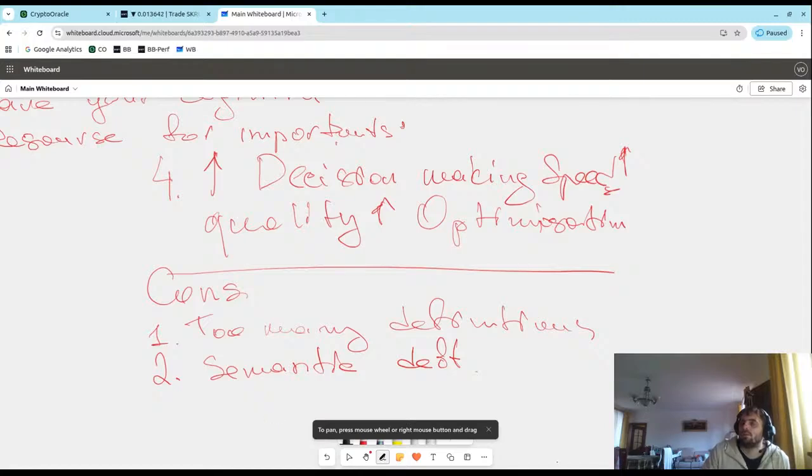Getting back to this. So semantic debt, wrong definitions, and third, it's encouraging rule writing, and rule writing in itself could be a bit annoying because for every rule there's going to be a set of rules, and then you get this endless hierarchy of things.